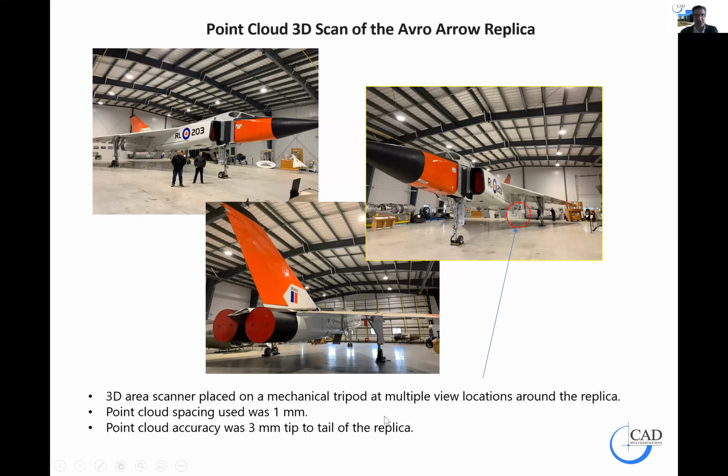The spacing of each point of data collected off the aircraft was literally 1 millimeter, and the accuracy from wing tip to wing tail was 3 millimeters. It gives you an amazing understanding of the accuracy achieved for large 3D scans.